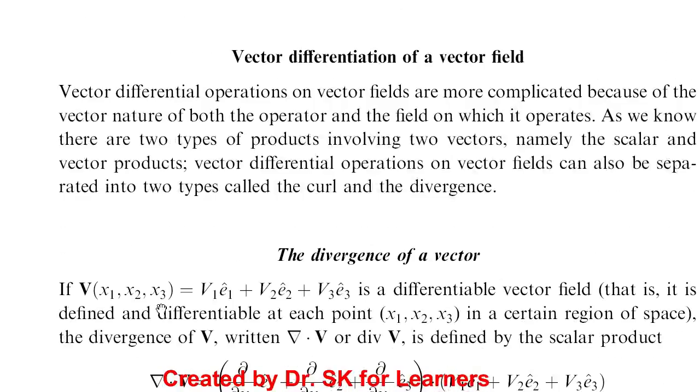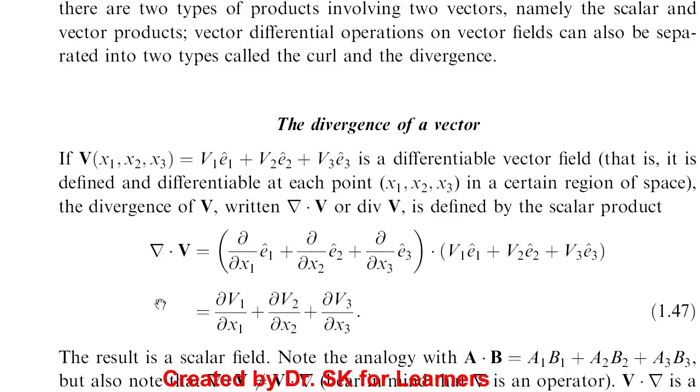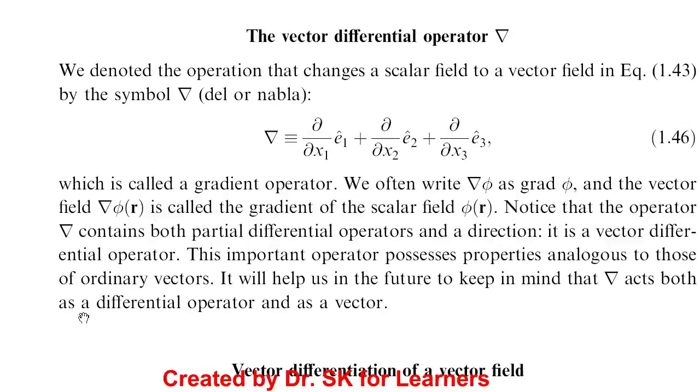need to learn. So I'll directly go to one operator that is most versatile in mathematical physics. It's called the del operator or the nabla operator. You can see the operator here.